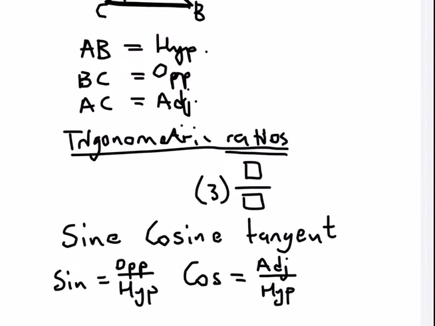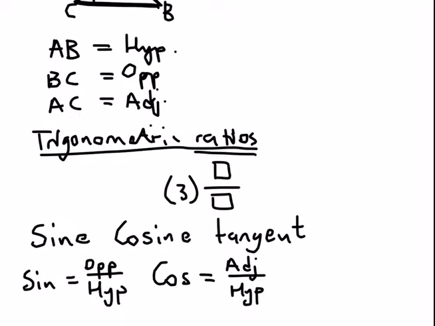And then for the tangent, let's shorten it to say tan. It is the ratio of opposite over adjacent.